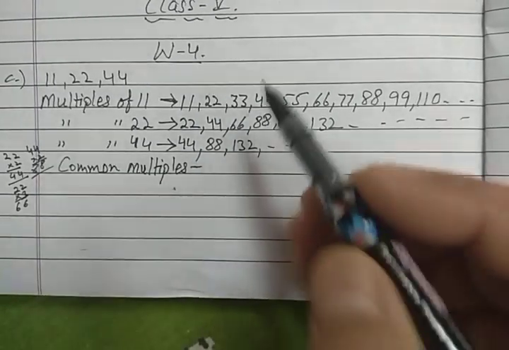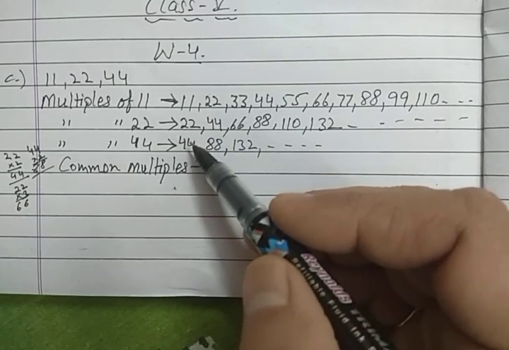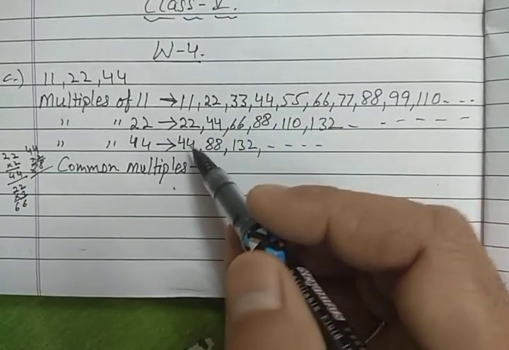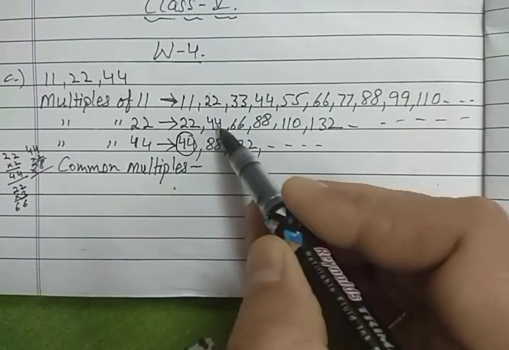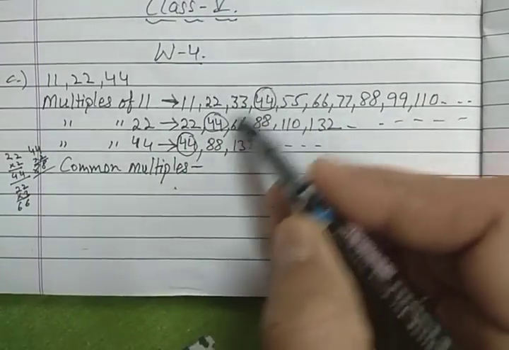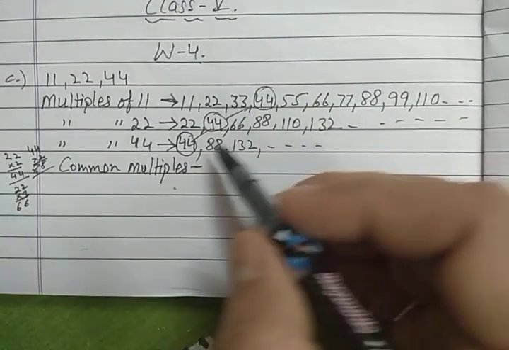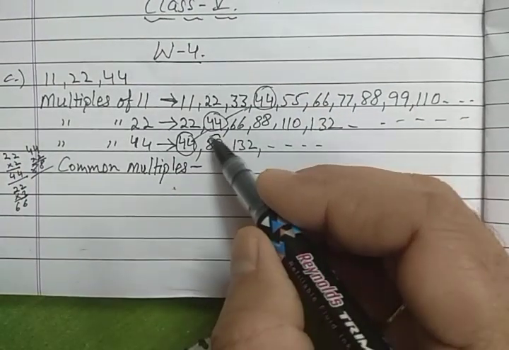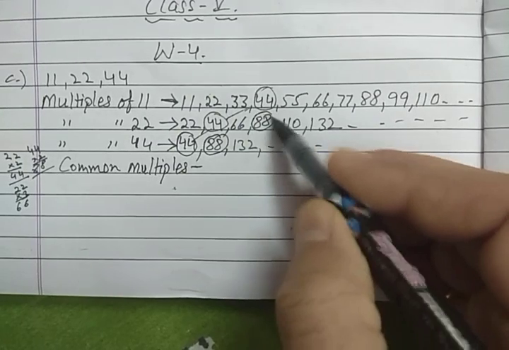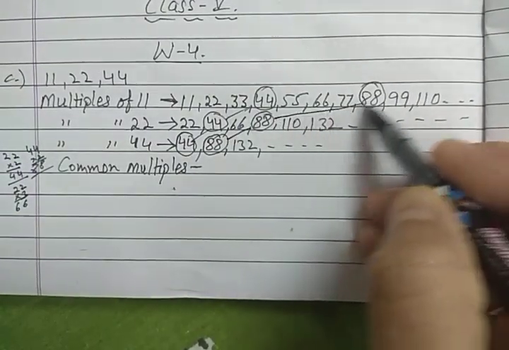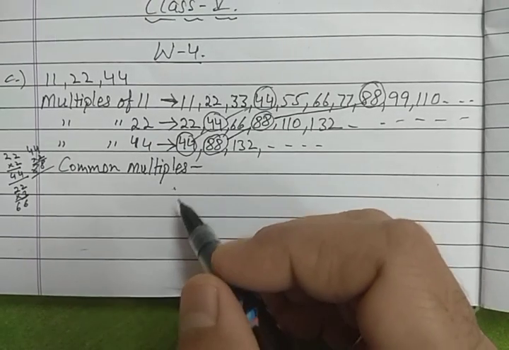So the first number that is common in all the three multiples is 44, 44 and 44. So this is the common multiple. The second common multiple is 88. Here also it is 88 and here also it is 88. And so on.